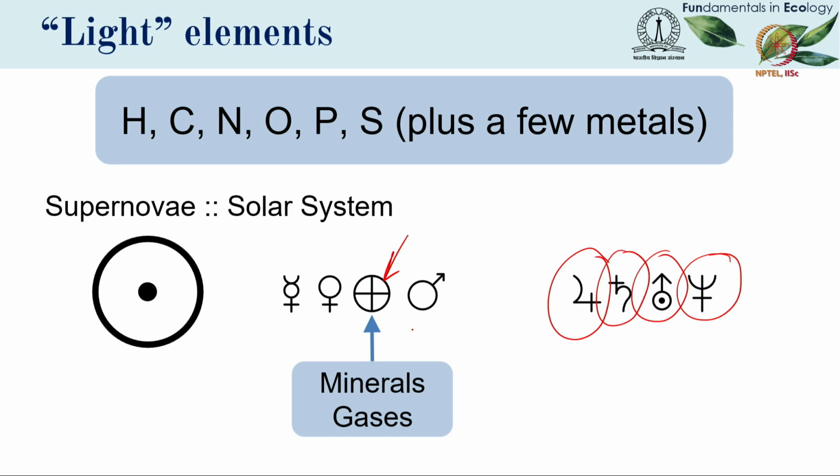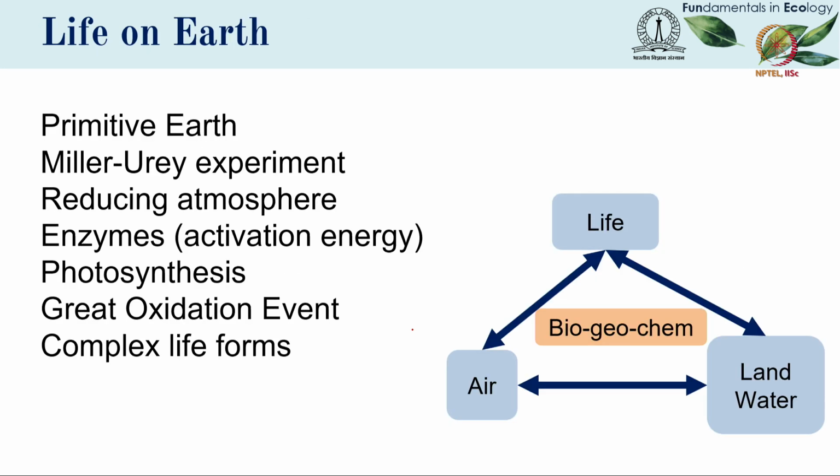These minerals and gases are the building blocks from which simple chemical reactions give rise to opportunities for more complex life forms to emerge. So let's look at Earth in this long time scale. Let's imagine what the conditions of the primitive Earth would have looked like many billion years ago.